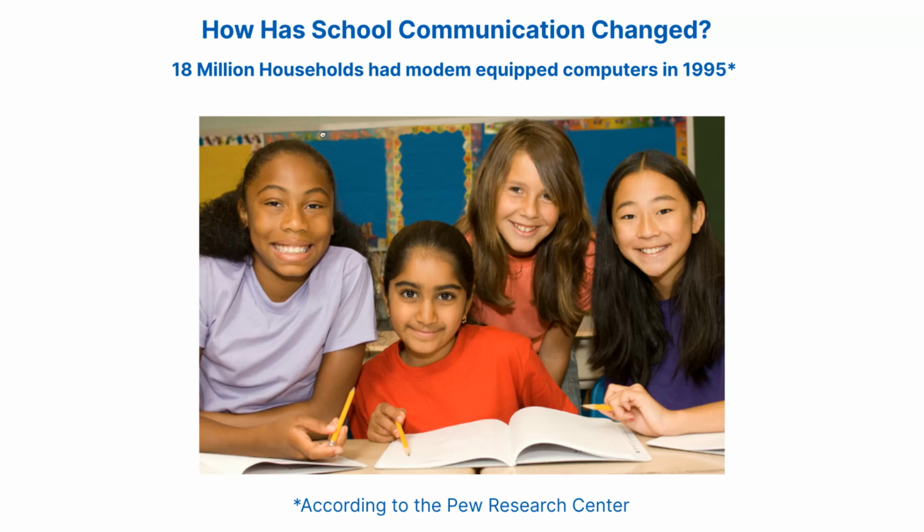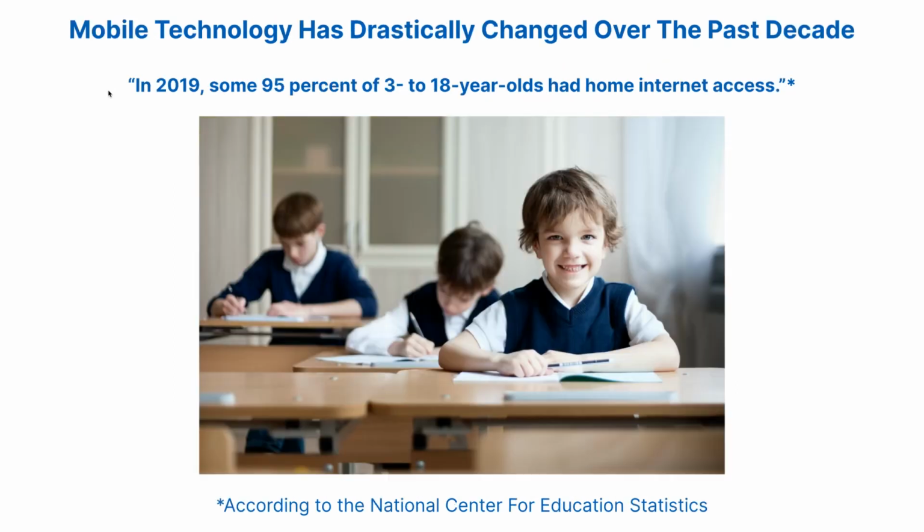So this is something that's really interesting to note here. When we think of the ways that school communication has changed, think about it this way. In 1995, 18 million households had modem equipment. Think about that. That means back in the 1990s, specifically 1995 here, most homes in the United States did not have internet access. Now, if we compare that to today, mobile technology has drastically changed over the past decades.